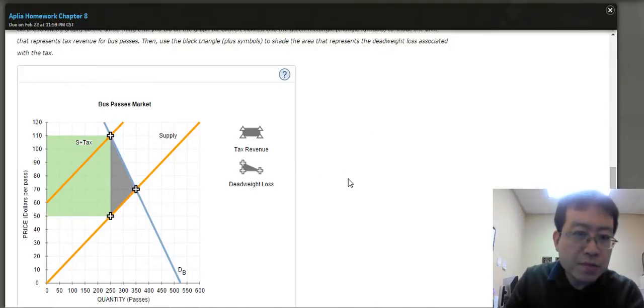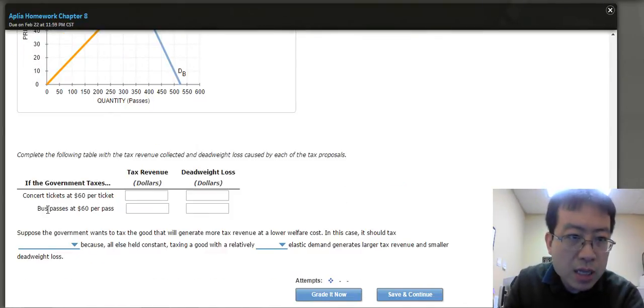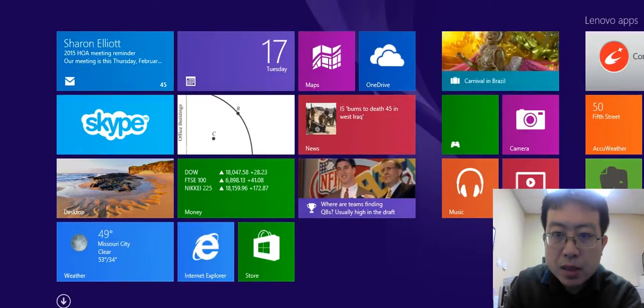Alright, so that's the graph over here. Now let's answer the question. If the government taxes concert tickets at $60 per ticket, how much is our tax revenue? Let me open my Excel.